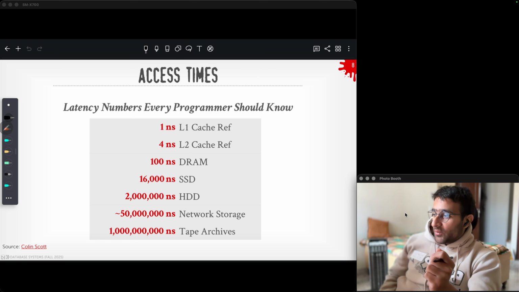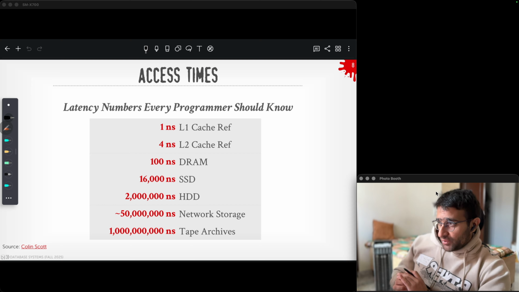So let's say my CPU has an instruction that needs a data point. This diagram says that it's 1 nanosecond to fetch from the L1 cache, 4 nanoseconds to fetch from the L2 cache, and so on.